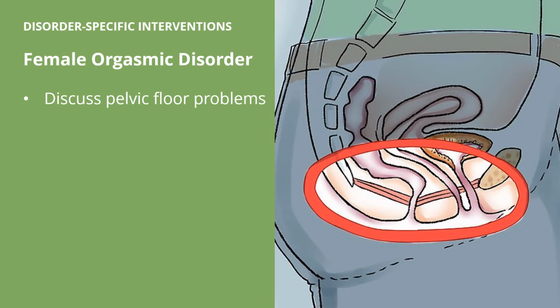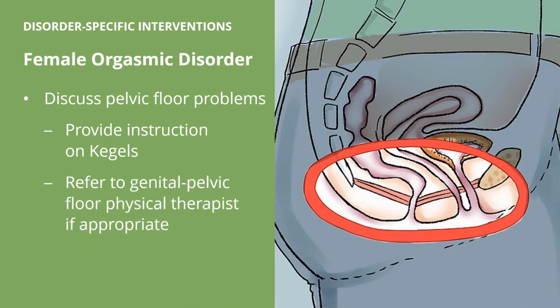Many women have pelvic floor problems, such as laxity, prolapse, or poor muscle contraction. For these women, instructions on how to perform pelvic floor exercises, often referred to as Kegels, can help strengthen and improve control of these muscles. In other cases, referral to a genital pelvic floor physical therapist for therapy may be appropriate.